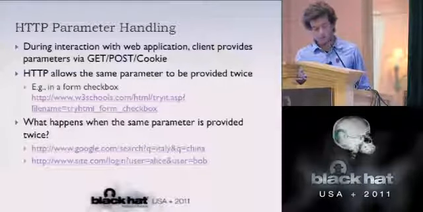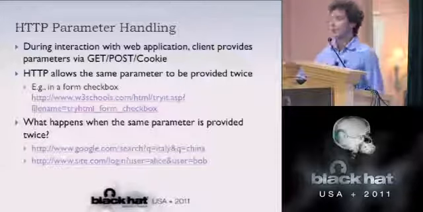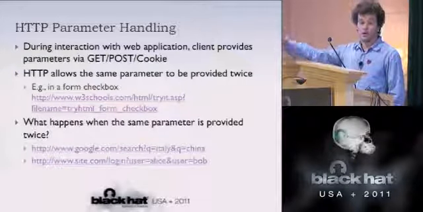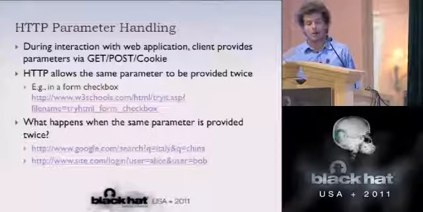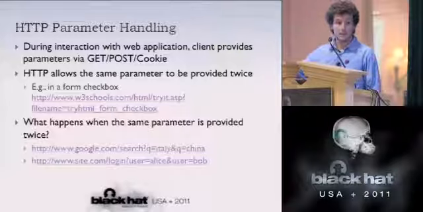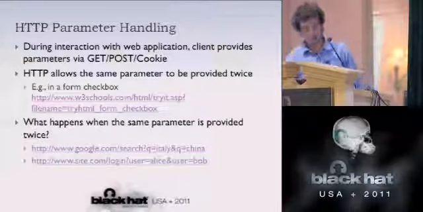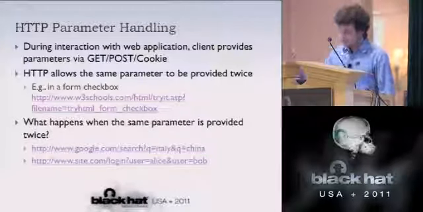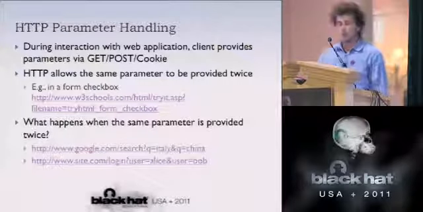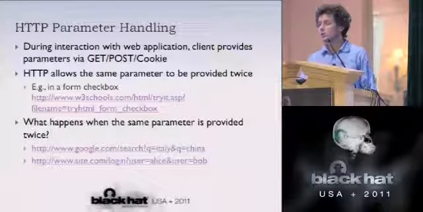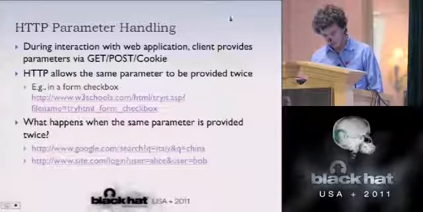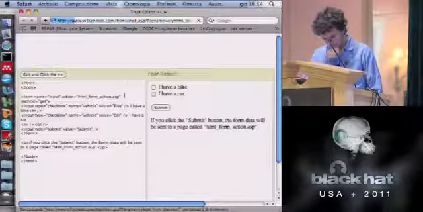When you interact with a web application, you provide information to the application using standard parameters that are in a GET, in a POST, or in a cookie. And actually, HTTP allows the same parameter to be provided twice. This is, for example, a common use for form checkboxes. Let's see if this link works.